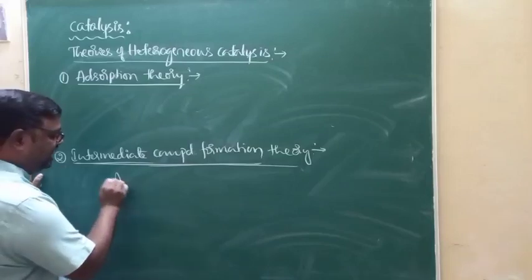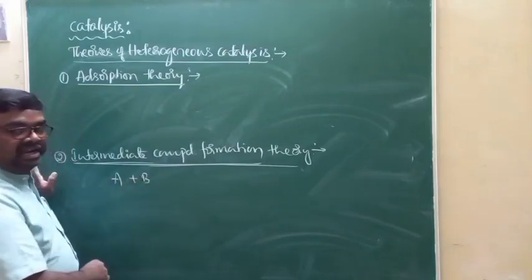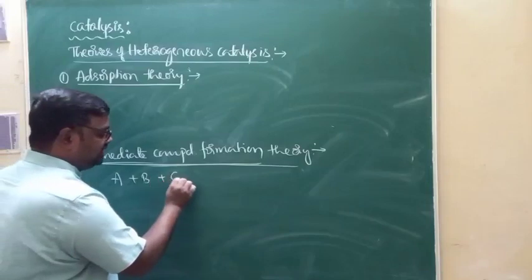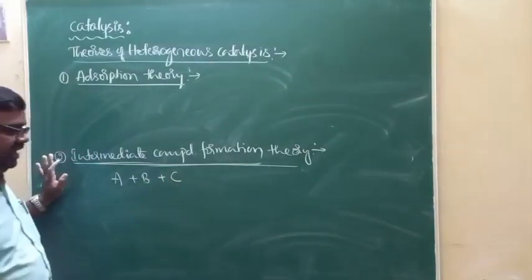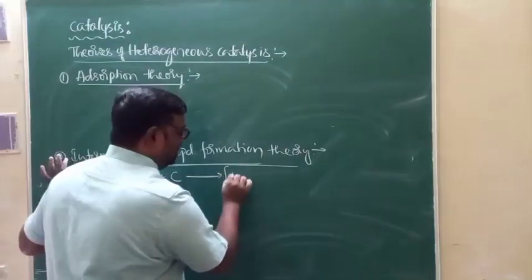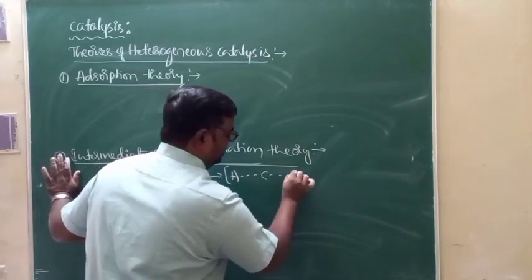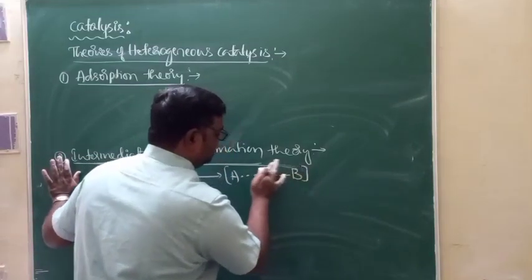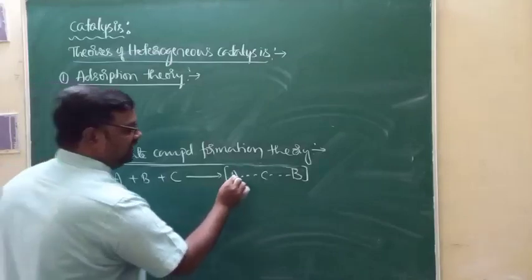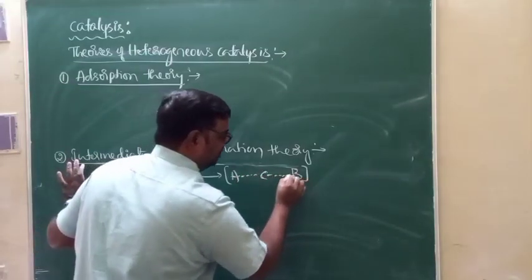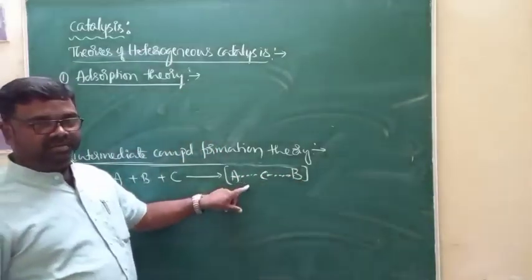For example, consider the reaction between A and B. If this reaction is carried out in presence of catalyst C, you are going to get one intermediate, that is A...C, C...P. This is the intermediate compound.